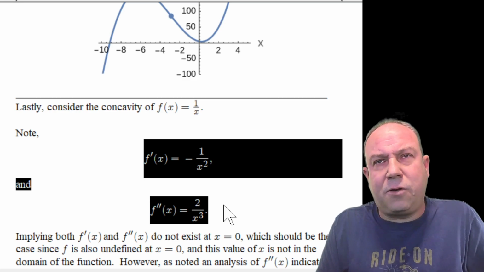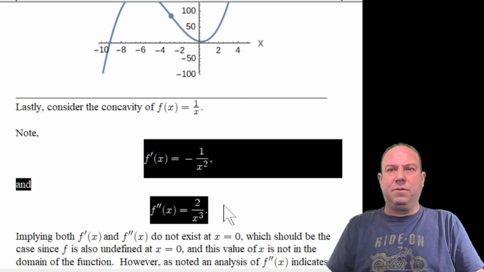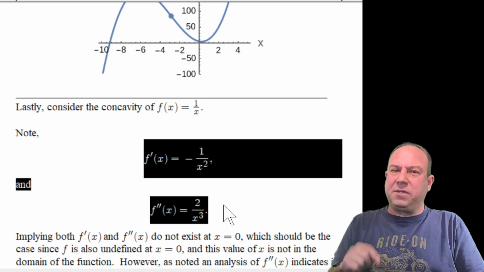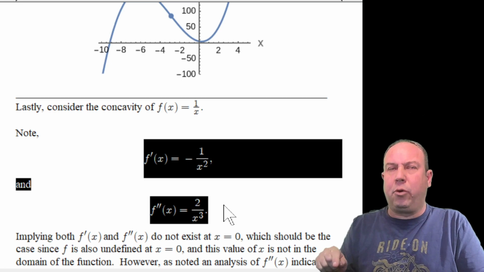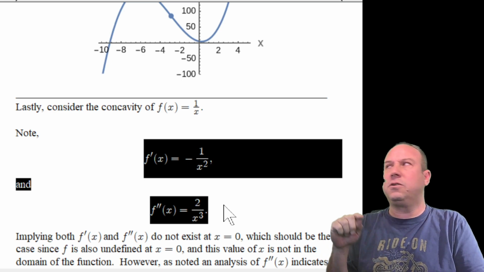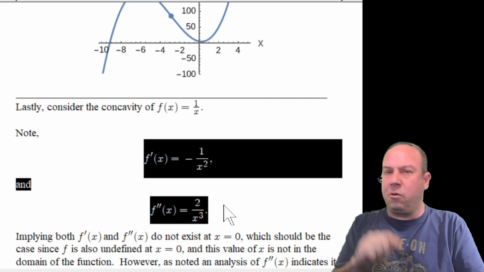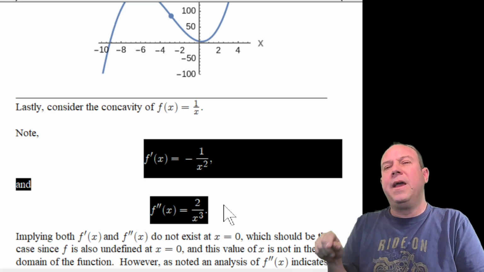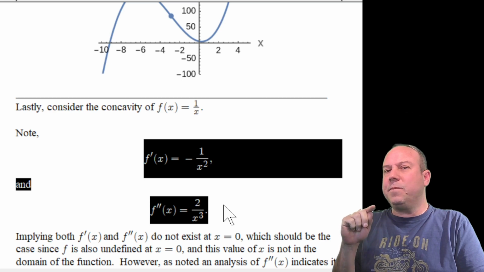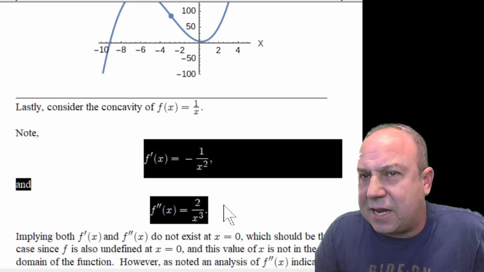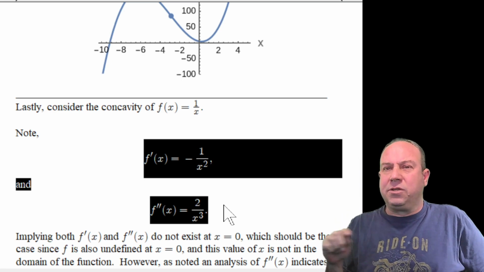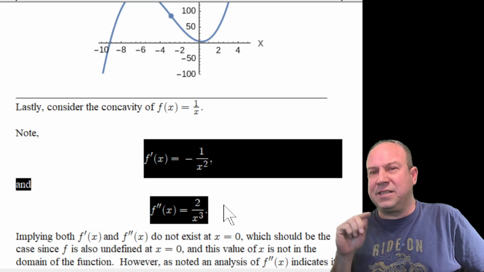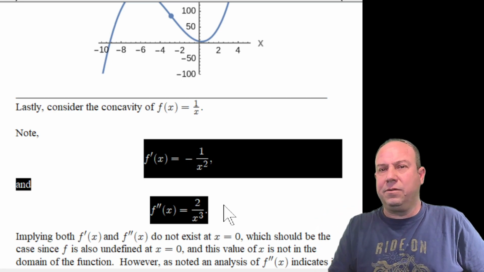They also never equal 0. But specifically, if we're interested in their critical points and potential critical or inflection locations, right? Locations of inflection, we're interested in where the second derivative either equals 0 or does not exist, and it also does not exist at the value of 0, right?